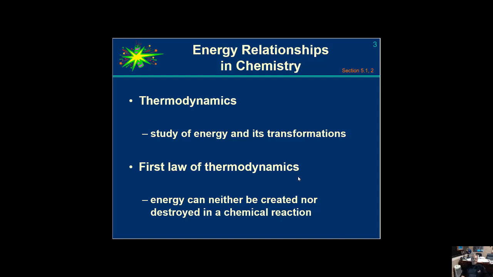But the energy is neither created nor destroyed, which is incorporated into the first law of thermodynamics. The second law of thermodynamics, which says for any spontaneous process that that energy continues to spread out, we will not take a look at in this course, but we will study in the second semester of general chemistry.